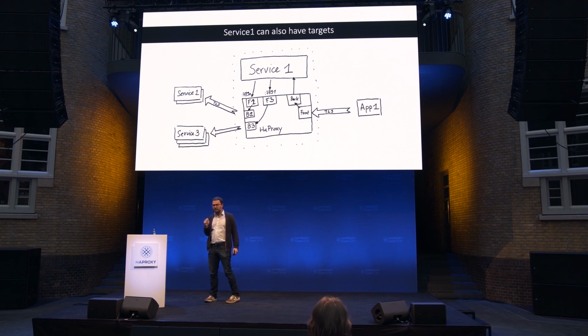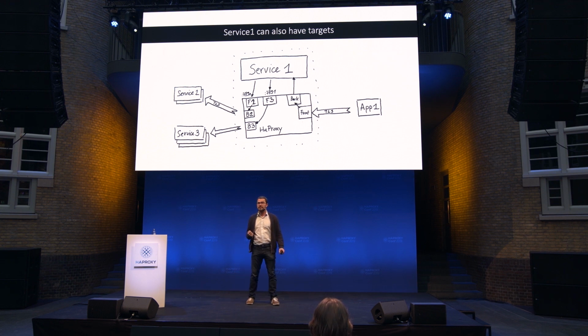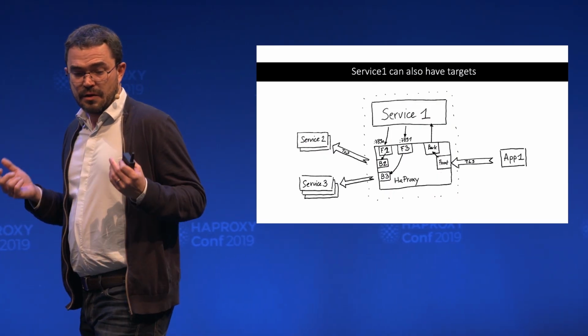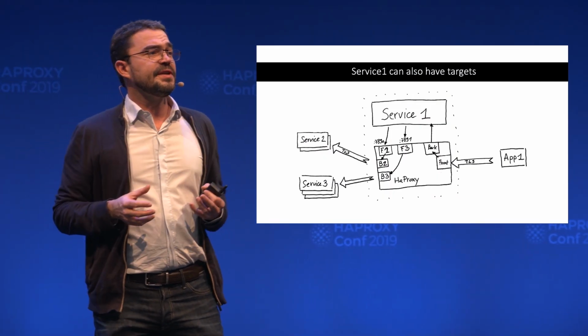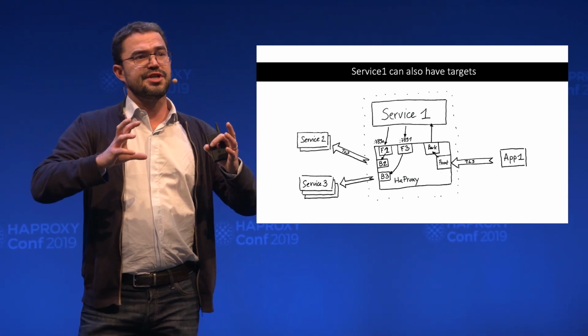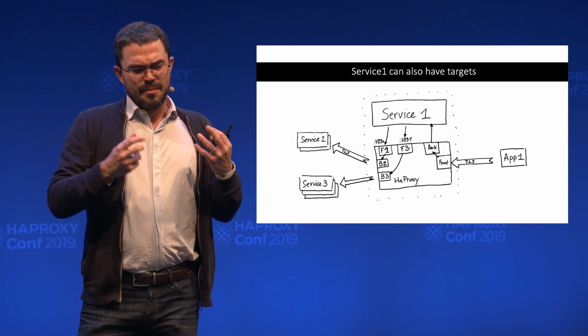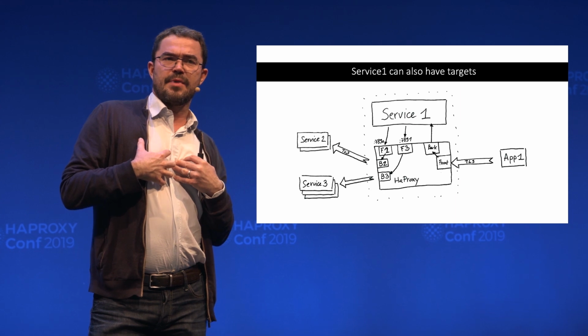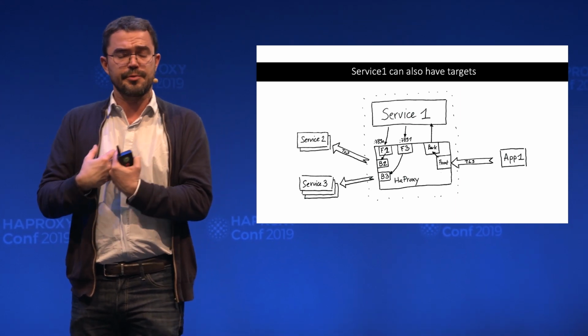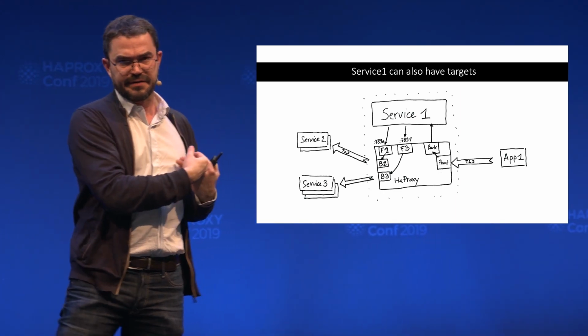But it's not over, because of course, your service 1 can also be a client of other services. Your microservice can use other microservices, databases, and so on. So it means that, of course, by injecting your topology within Consul, you can say, yes, I am a server, so I'm going to answer requests, but I also want to target those services.